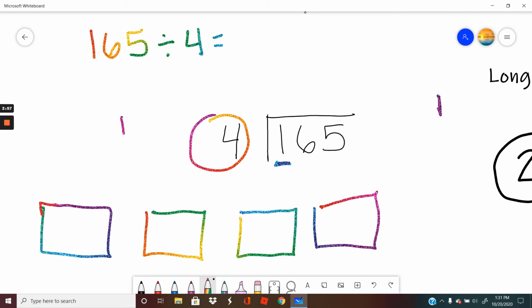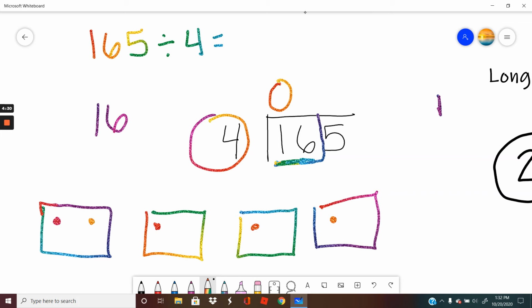So we count it out, 1, 2, 3, 4, 5, 6, 7, 8, 9, 10, 11, 12, 13, 14, 15, 16. How many were in each square? We got 4. We can see this because 4 times 4 equals 16, and that's the number that we put up here. So this works out, right?